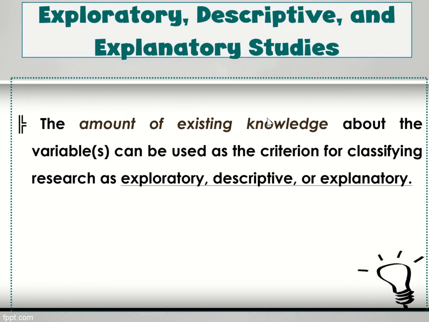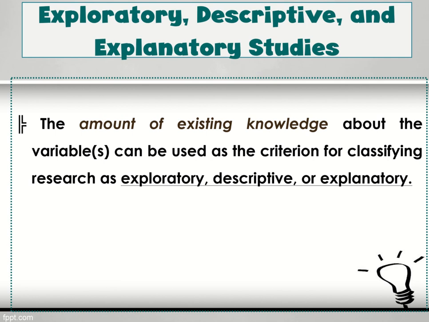So let's begin. First, I'm sure you have heard of these terms already in conducting your previous research work: exploratory, descriptive, and explanatory. So let's be clarified with this first. The amount of existing knowledge about the variables can be used as the criterion for classifying research as exploratory, descriptive, or explanatory.